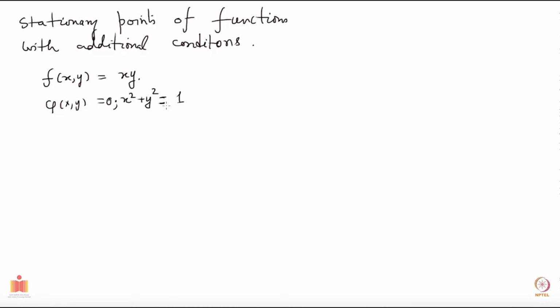So let me state this first. Probably it will be nicer if I move to the next page. The method of undetermined multipliers.